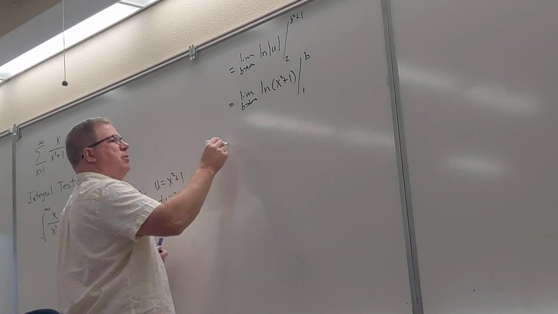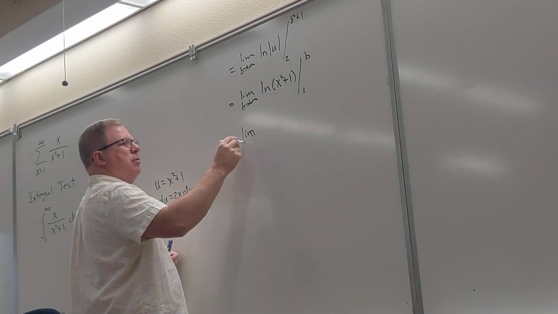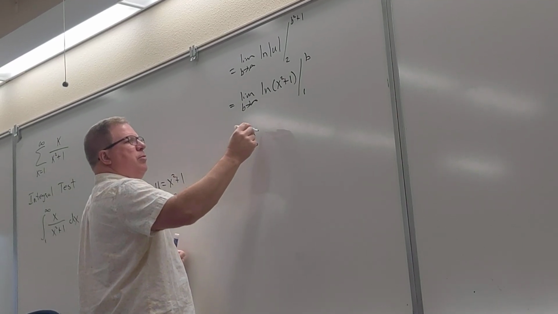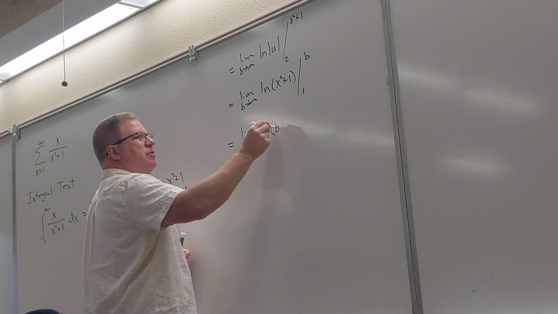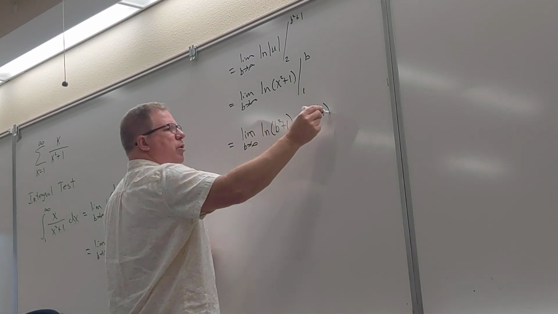Put b in. We get ln of b squared plus 1 minus ln of 1.